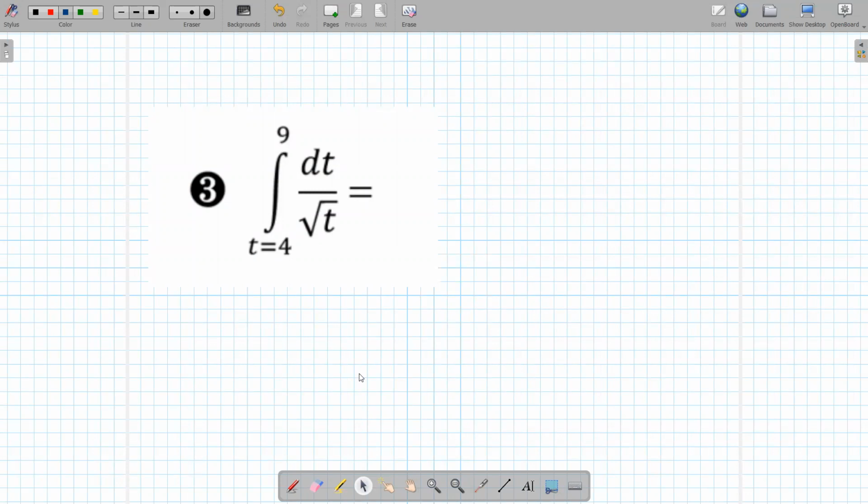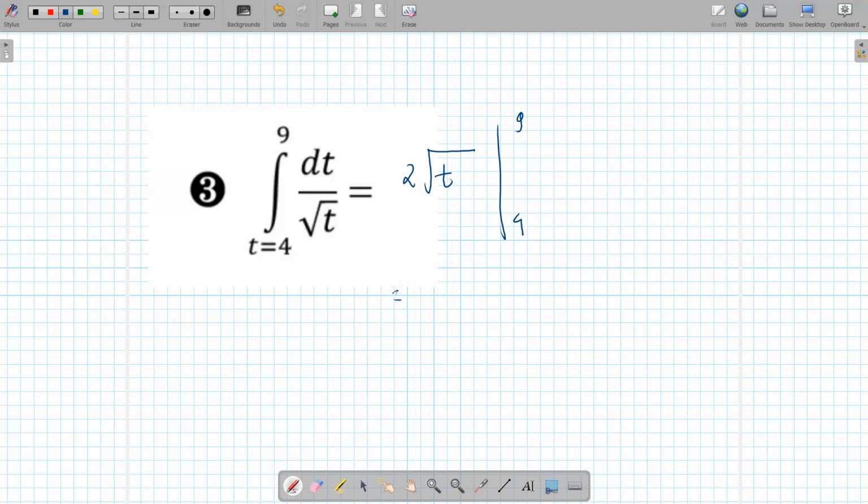Absolutely right, yep. You get t to the power of 1 over 2 over 1 over 2? Yes, so t to the power 1 over 2 just means it's the square root of t. Over 1 over 2, we know that the 2 at the very bottom comes up top like that. 9, 4, right?